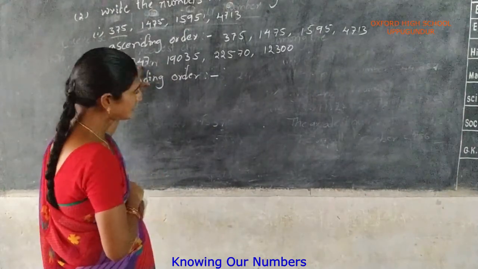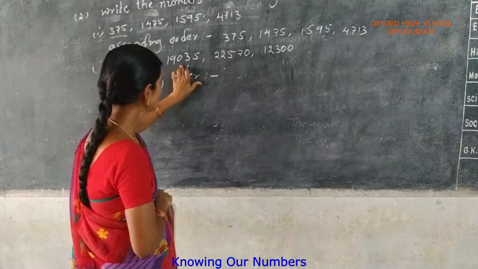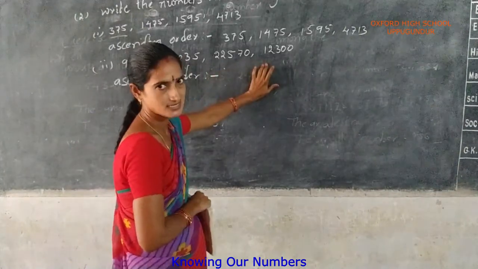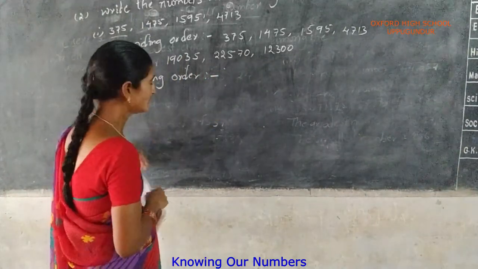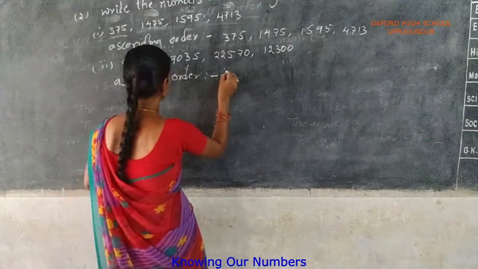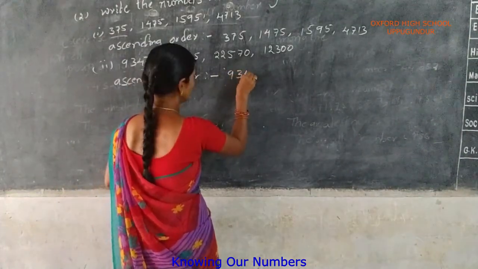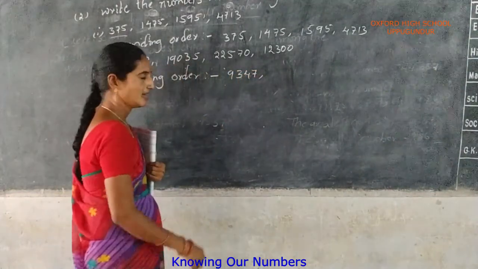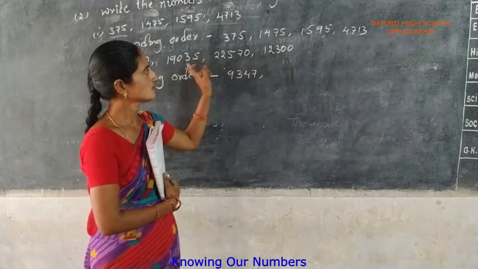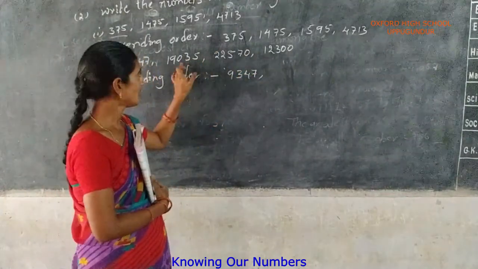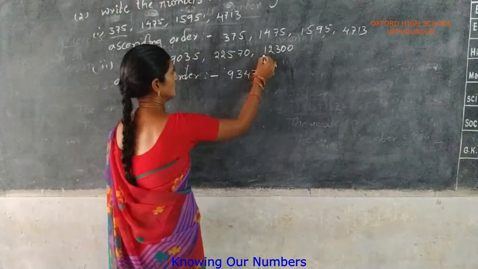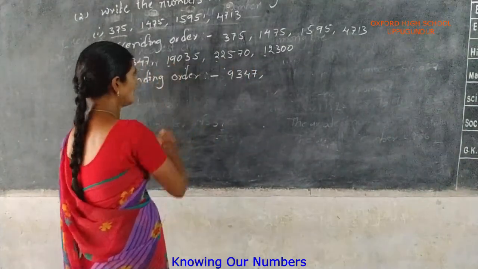These are how many digits? 4 digits. Another one is 5 digits, 5 digits, 5 digits. But first we write the 4-digit number, 9,347. And write the next 5-digit numbers. Which is smallest? 1, 2, 1.